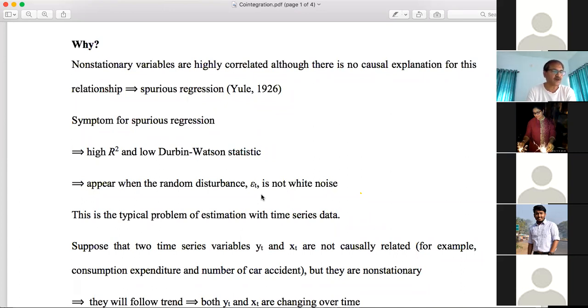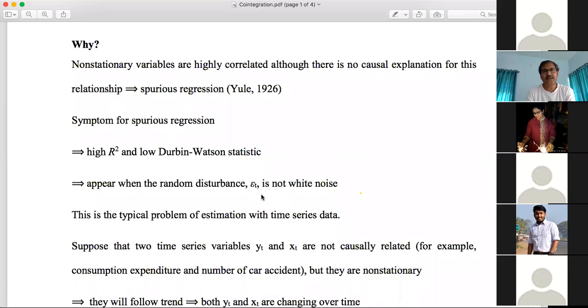These assumptions are called the classical assumptions. If they are fulfilled, epsilon t, the random error, will be purely random or stationary, or in time series terminology, white noise.